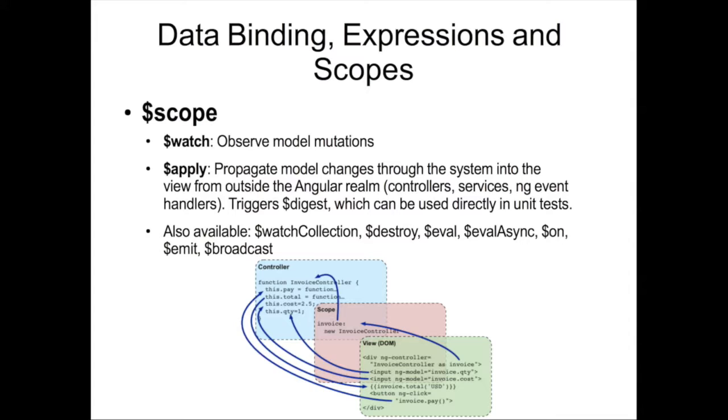You can do an apply, which can be used to pull in changes to your DOM that come from outside of Angular. Suppose you're using some other tool like jQuery, you make some modification to the DOM, that's not just going to automatically be pulled into your Angular app. You need to tell it to walk down through its hierarchy and pull stuff in.